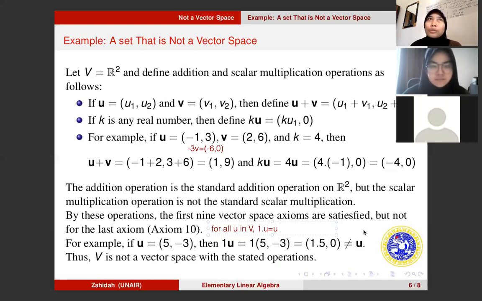You don't need to show that the other axioms are satisfied. Just find which axiom fails to hold.